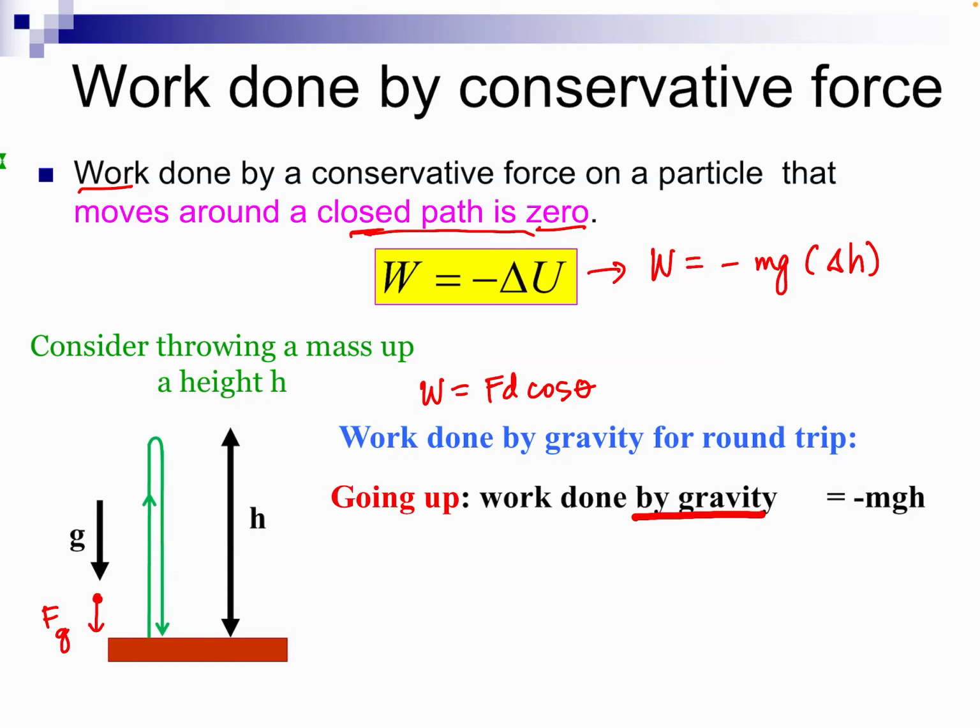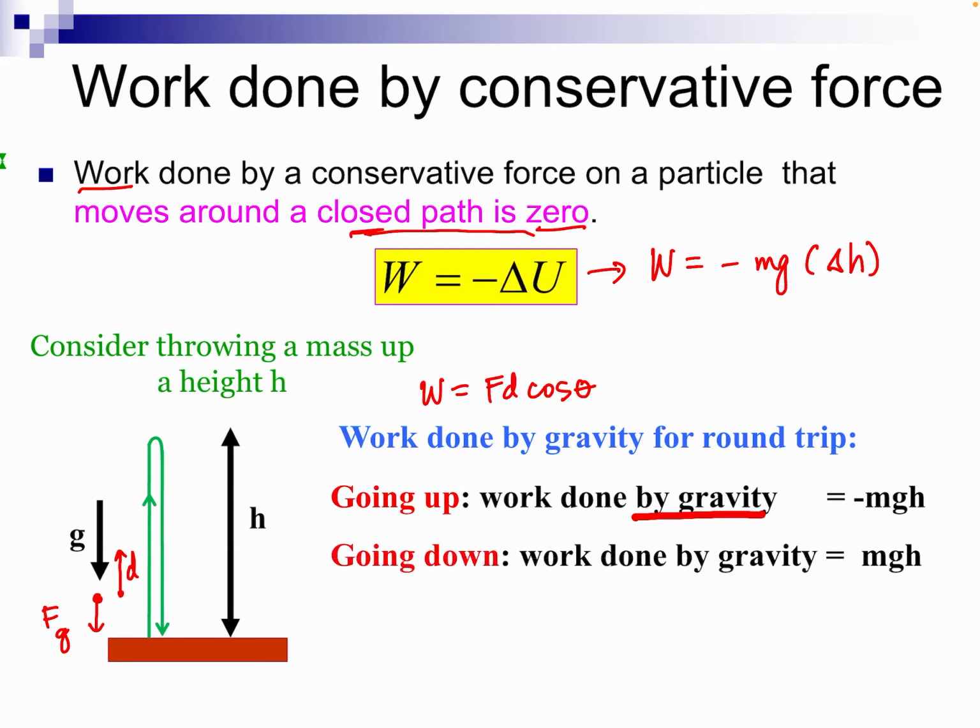On the way up, the displacement is upwards. And so on the way up, the direction of the gravitational force and the displacement is opposite, meaning theta is 180 degrees. Therefore, on the way up, it should be negative work done by gravity. Do you agree? Makes sense?